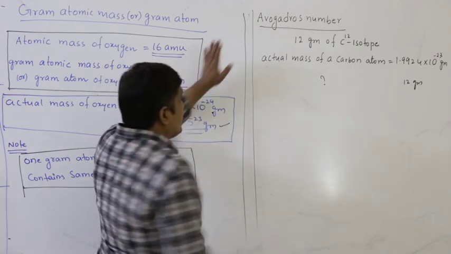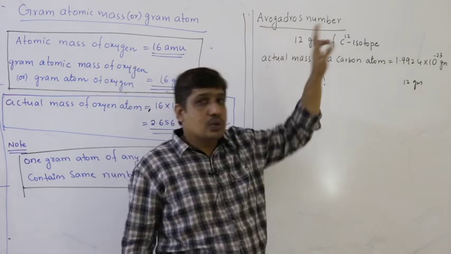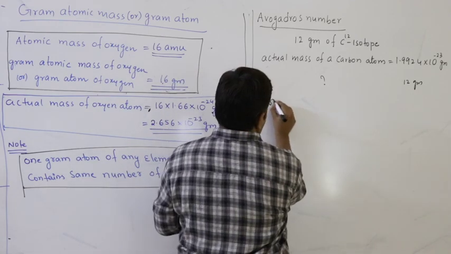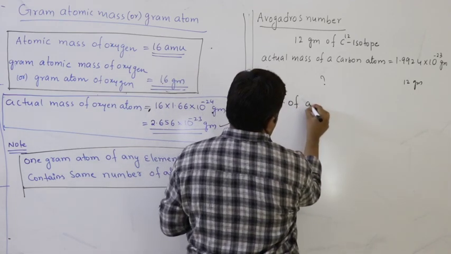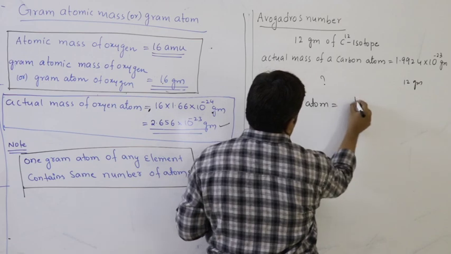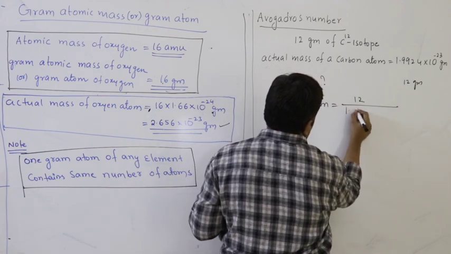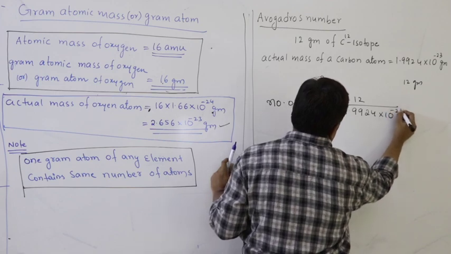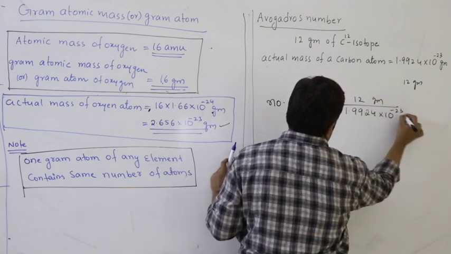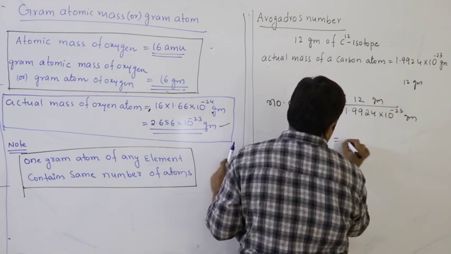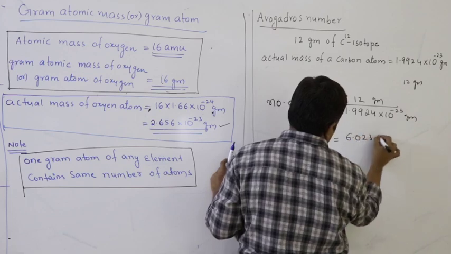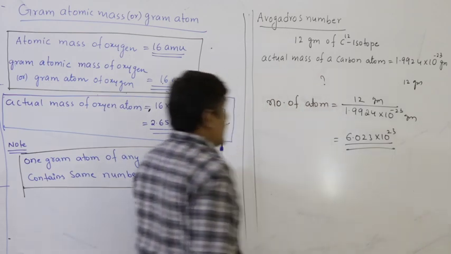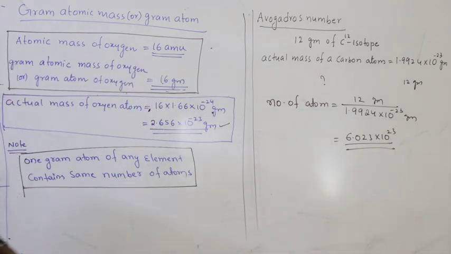Experimentally, it is found that the number of atoms is equal to 12 by 1.9924 into 10 power minus 23, which is equal to 6.023 into 10 power 23. This number we call Avogadro's number.